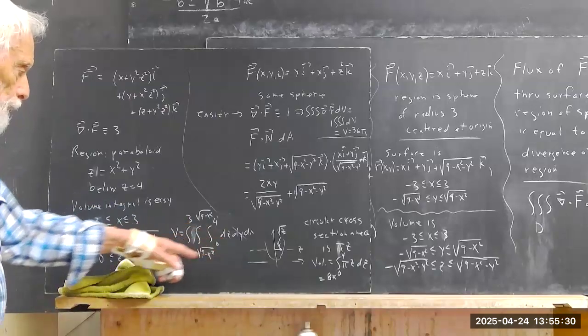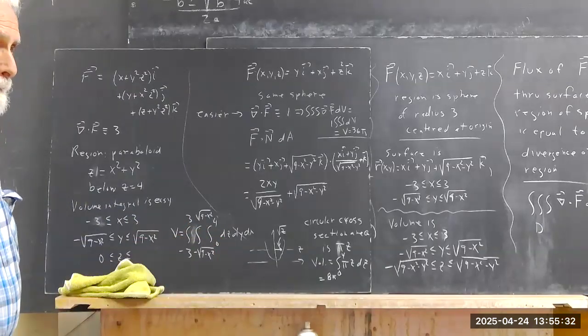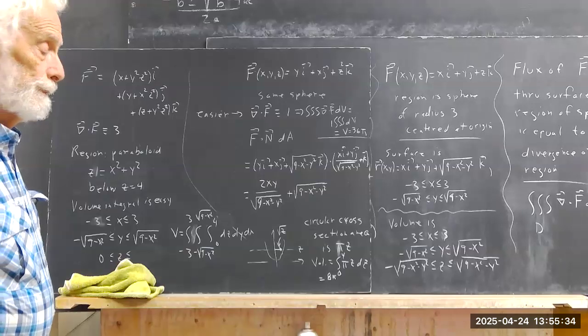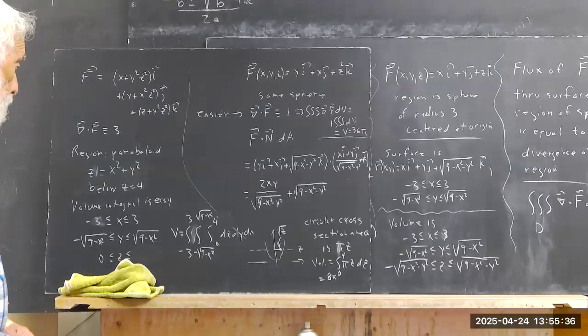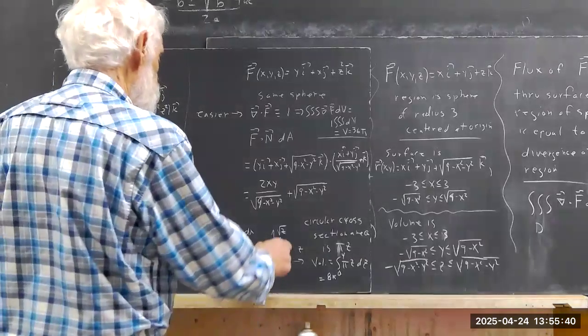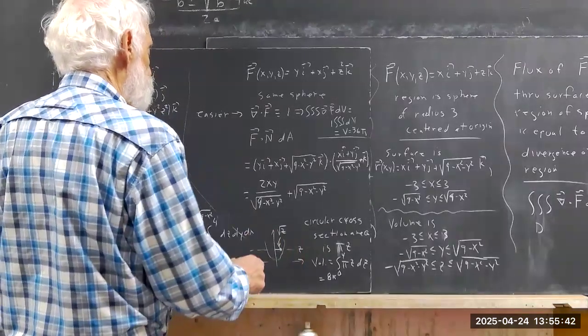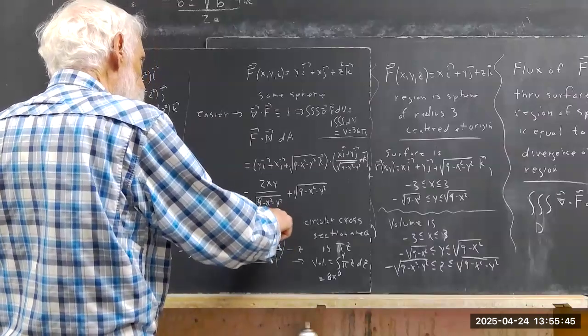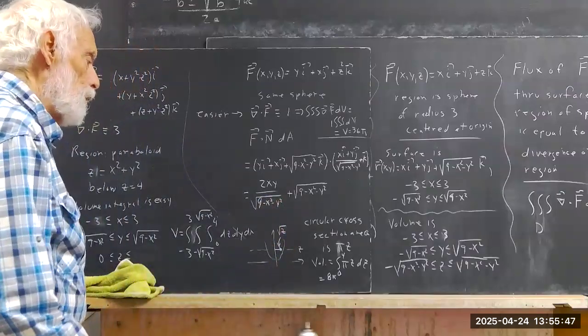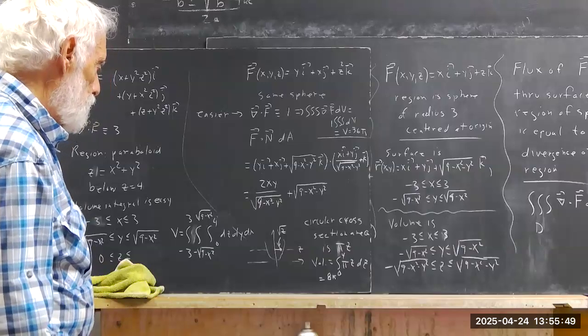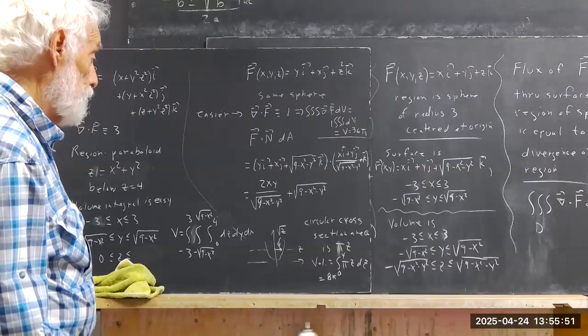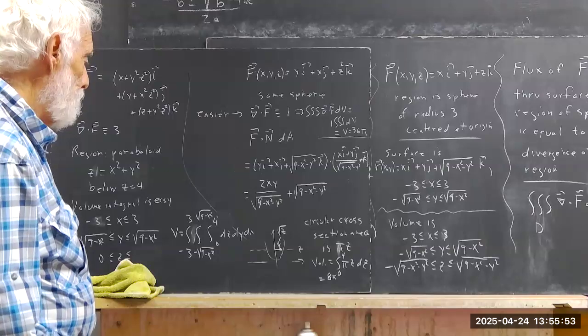It ought to be the same thing you get if you do this. Let's make sure that makes sense, because up here z equals 4. Then you have on the top a circle of radius 4, which would have area 16 pi.